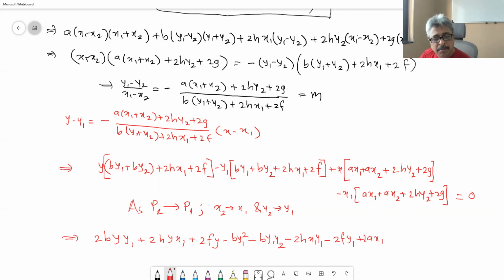Am I doing it correctly? by1 square plus by1 square. Okay, a lot of concentration. by1 square.